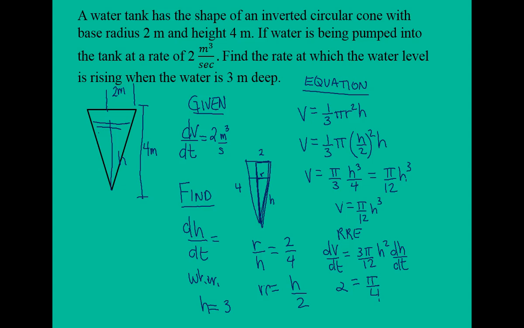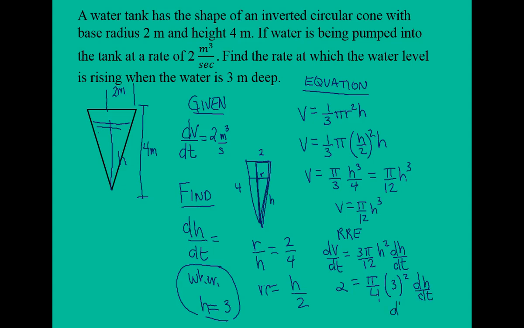Now, when are we trying to find dh/dt? Well, back here we have listed, we're trying to find dh/dt when h equals 3. So we would plug 3 in, and now we can solve for dh/dt.